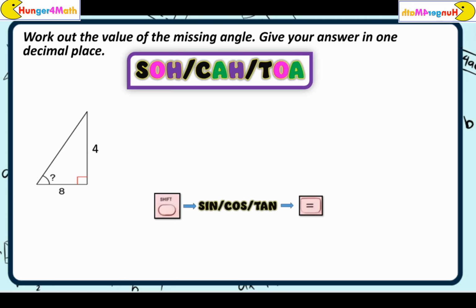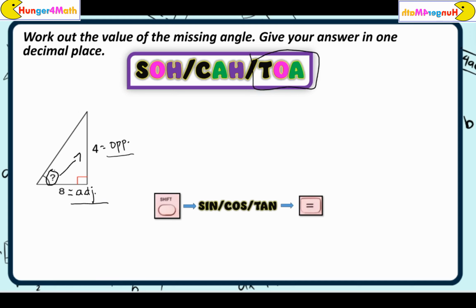Next, in this right angle triangle, here is our unknown angle, and opposite of that is the opposite side, and the 8 here is the adjacent. Now we have opposite and adjacent, so we're going to use TOA.